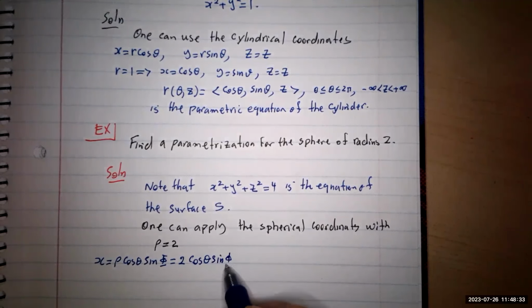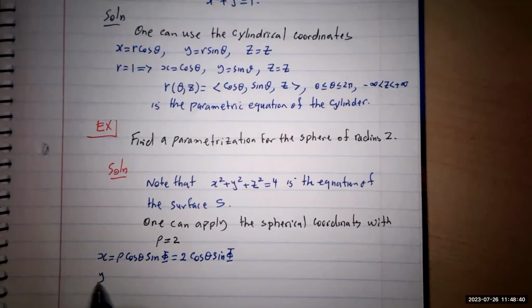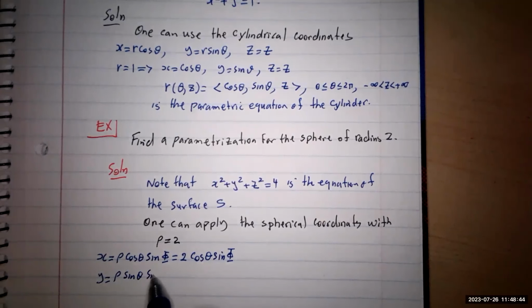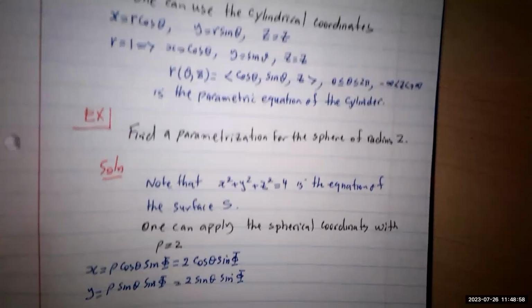So this is how you parameterize the x, using two variables, theta and phi. y is going to be rho sine of theta, sine of phi. Your rho is 2, so it's going to be 2 sine of theta, sine of phi.